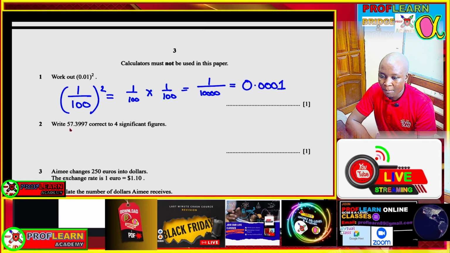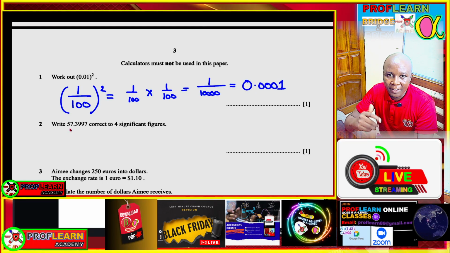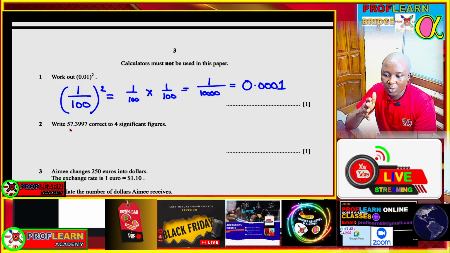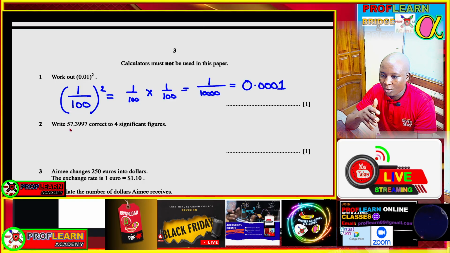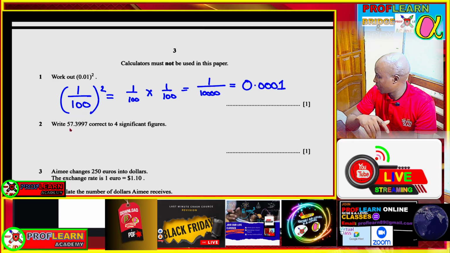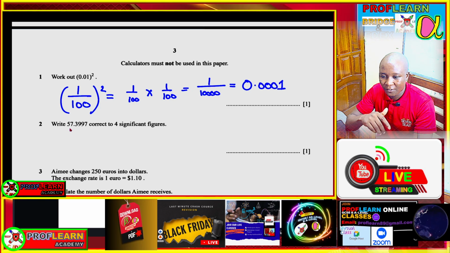0.0001 like that. Now, for you to express numbers as significant figures, the first significant figure is the figure that has a non-zero digit. The first non-zero digit here is 5.